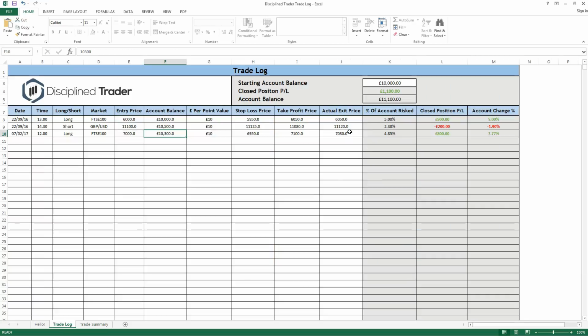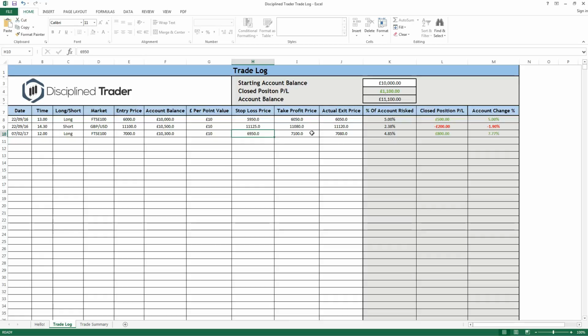So it wouldn't calculate this from the take profit levels and the stop loss prices over the actual trade exit price, for example. So if you take a winning trade, for example, so this one here, it will take the risk from the stop loss because that's the only information it's got to go on.